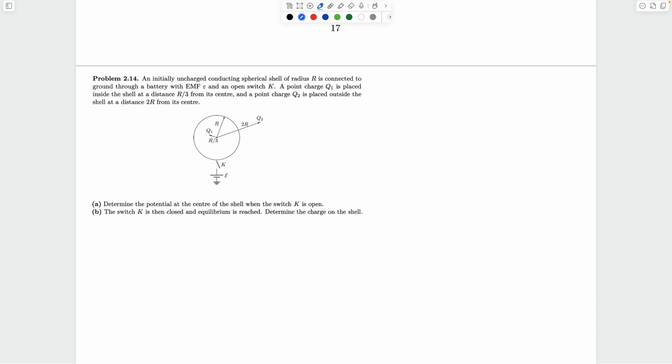It's a very good exercise on conductors, so very worth doing. If you're wondering where it's from, Russian Physics Olympiad.